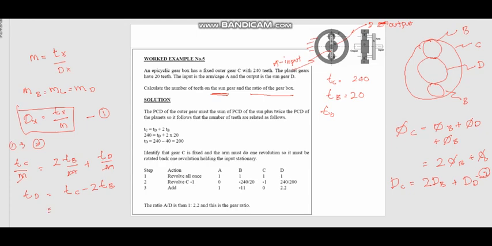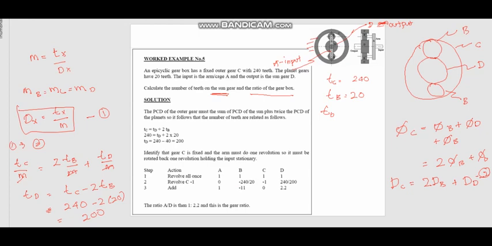And this is equal to 240 minus 2 times TB, which is 20. So this is equal to 200. So we have calculated what TD is based on this association. Remember that the diameter is proportional to the number of teeth for gears that mesh together.